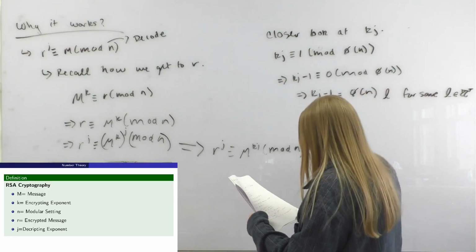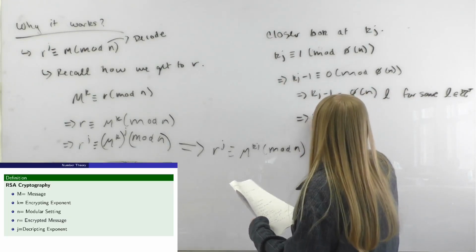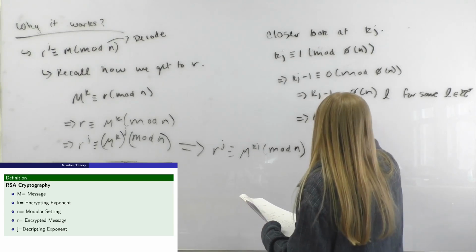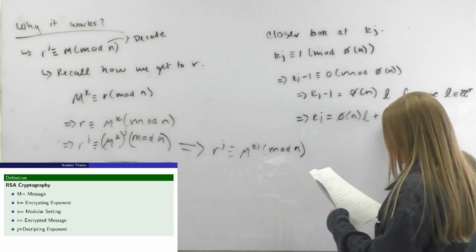Okay. So this implies that kj is equal to phi of n times L plus 1.